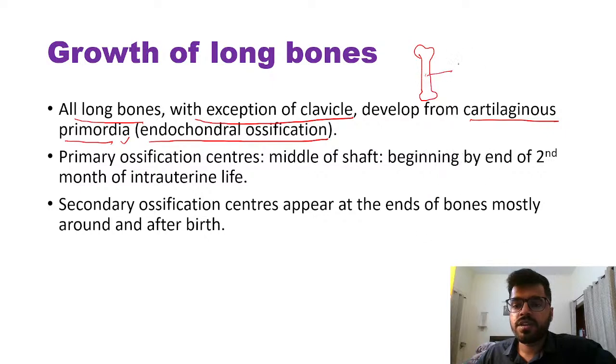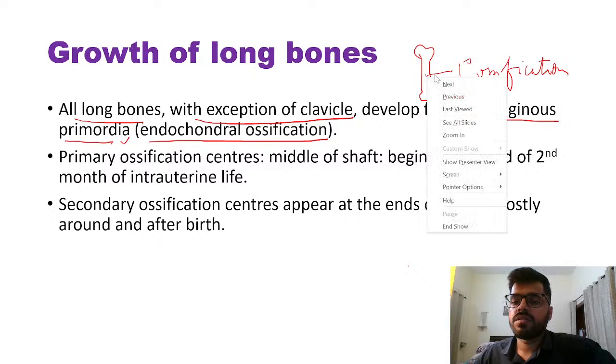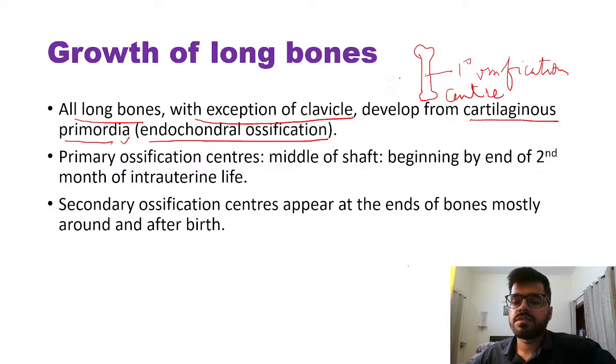So primary center of ossification, primary ossification center is seen in the center of the diaphysis, and secondary ossification centers are formed at the ends, at the epiphysis, which are usually seen at or after birth.